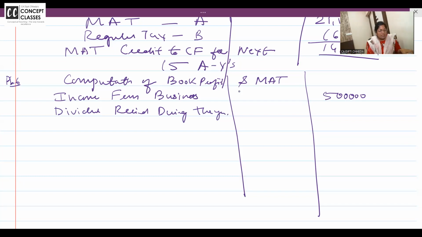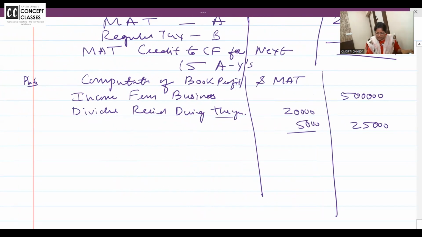Just go on with all the income, you'll have to pay the MAT. Dividend income, MAT will be charged on every income. It is 20,000 from an Indian company and some from a foreign company, together 25,000. Sometimes they can say the P&L account includes dividend and capital gain. Leave it as it is. On that you calculate MAT, don't deduct it.